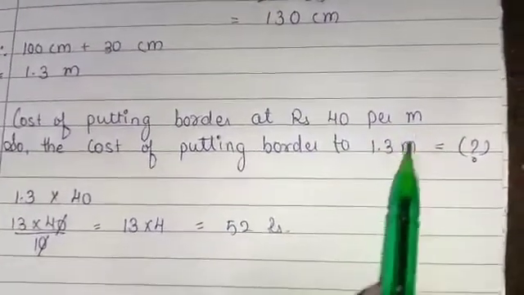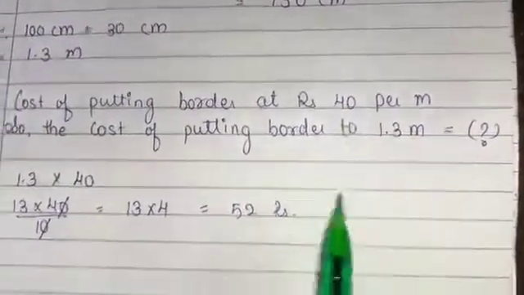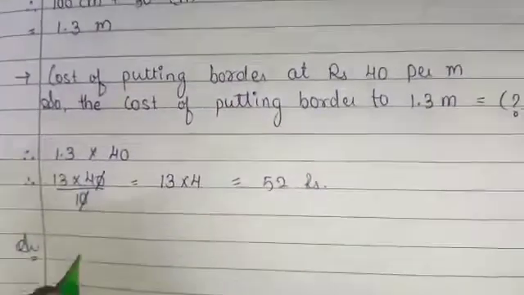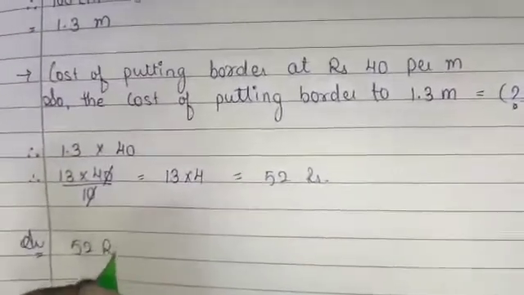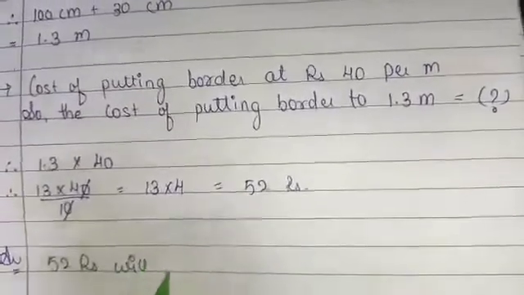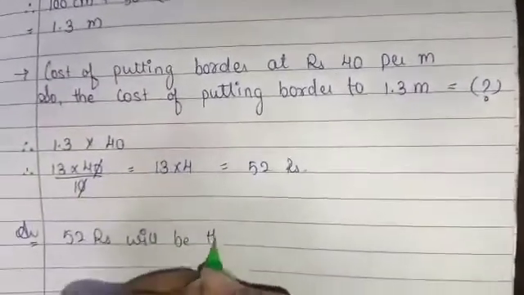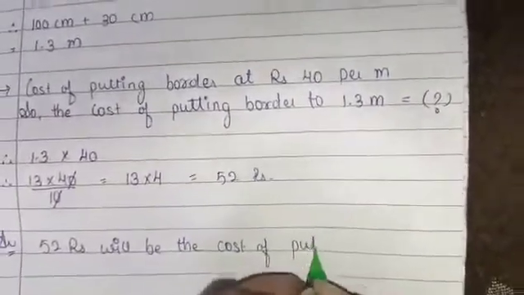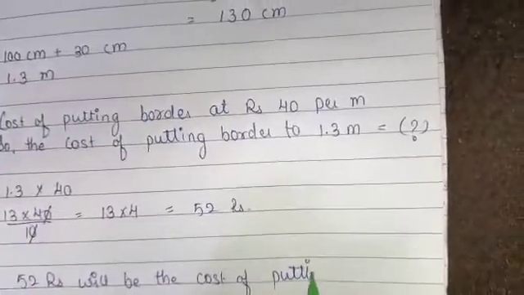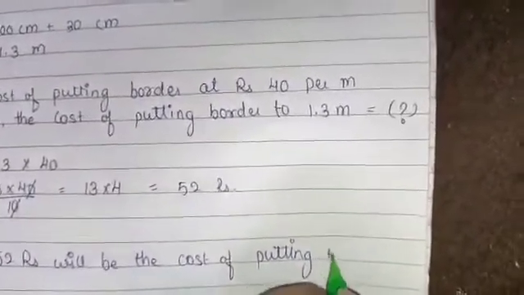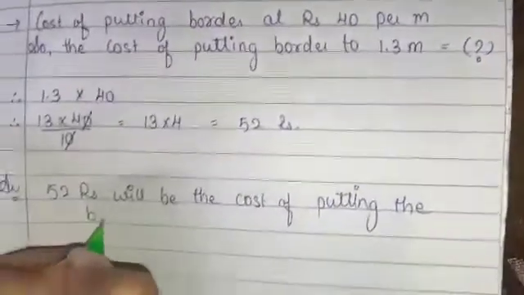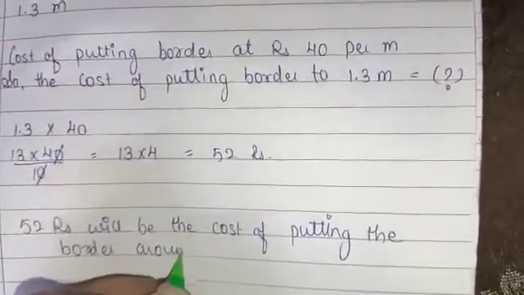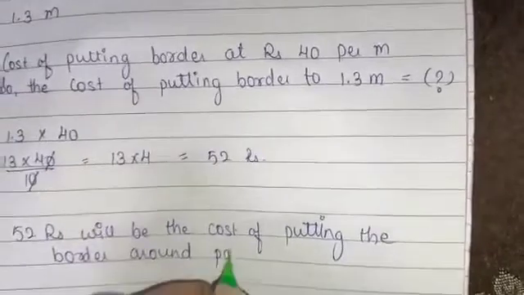It is more than 1 meter, that is 1.3 meter, so you have to pay 52 rupees. So the answer will be 52 rupees, the cost of putting the border around the painting.